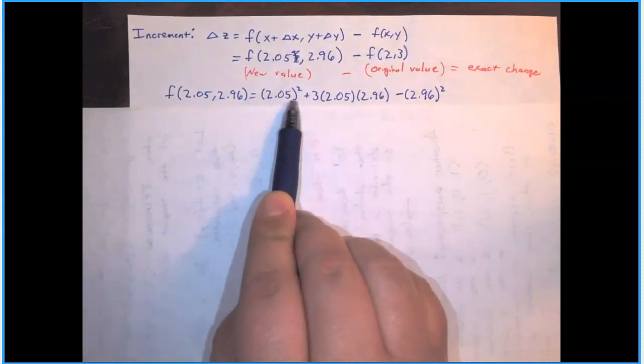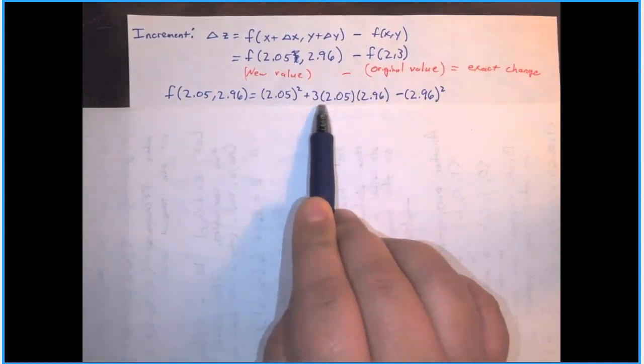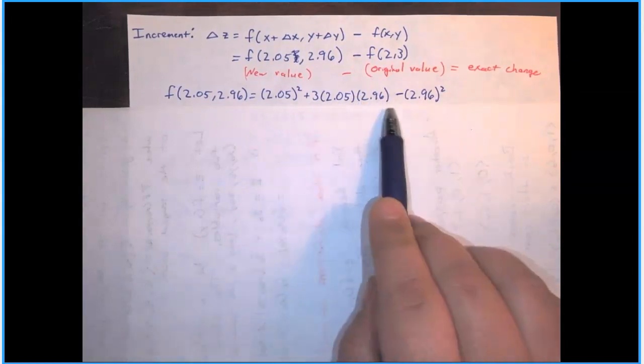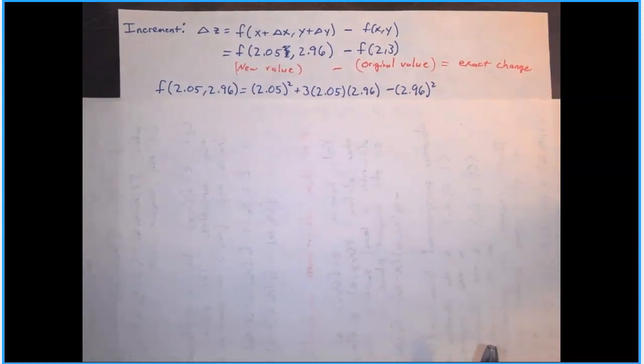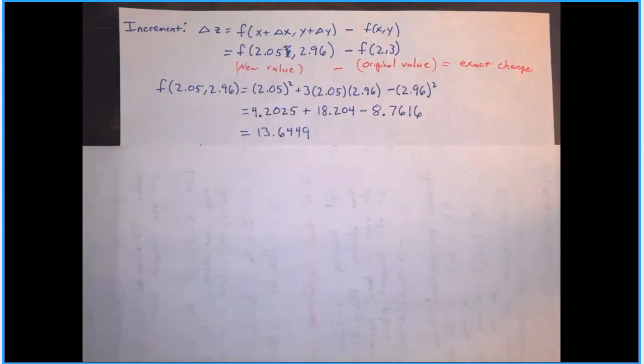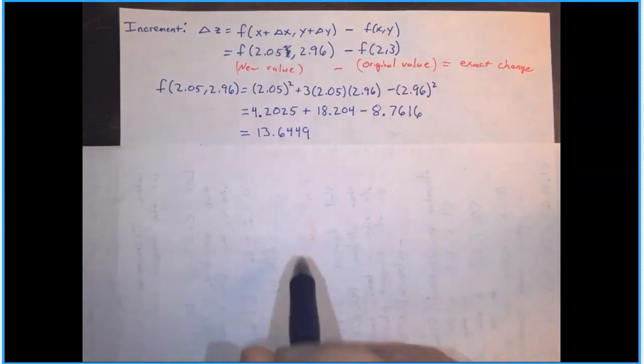So I'm going to have 2.05 squared plus 3 times the product of those two numbers minus 2.96 squared. Now we can do this by hand, and I did do this by hand. It's a little frustrating. Not frustrating, really, just annoying dealing with these decimals, but it can be done. I don't know what grade you learn multiplying decimals, but you'll have to go back there and remember these things.